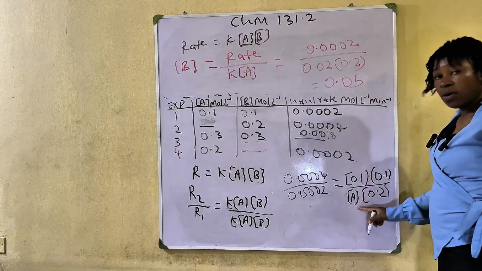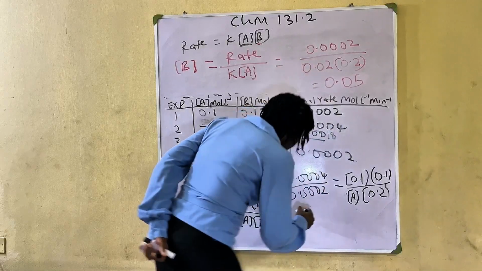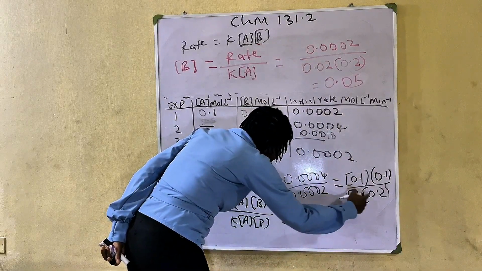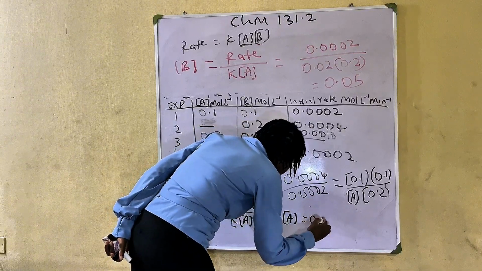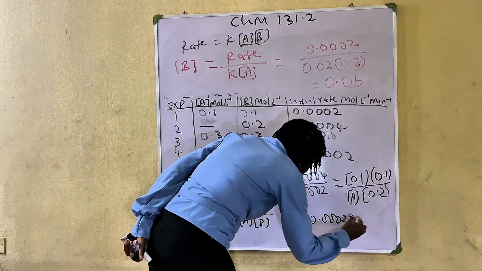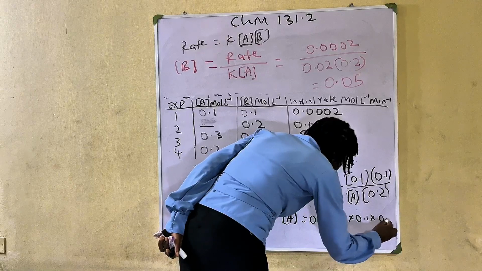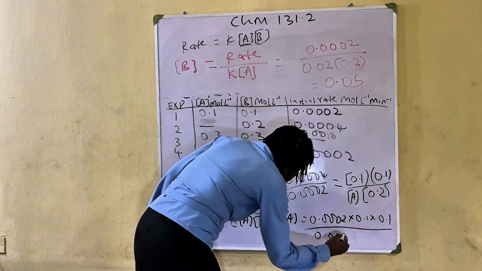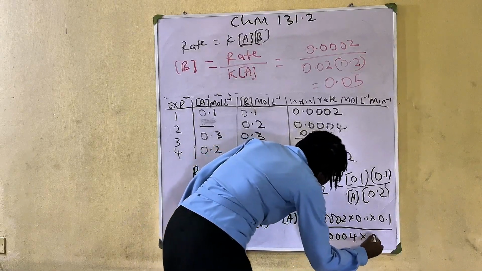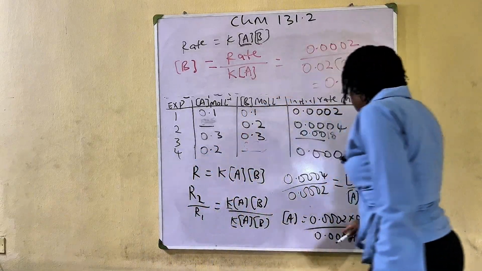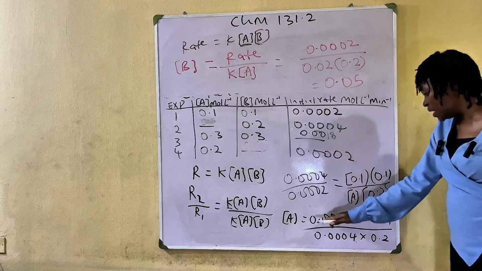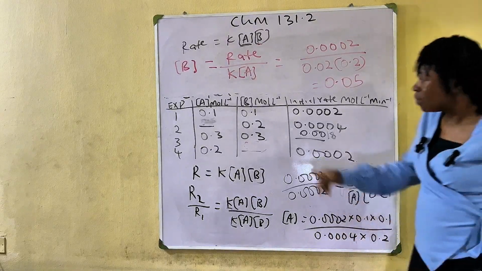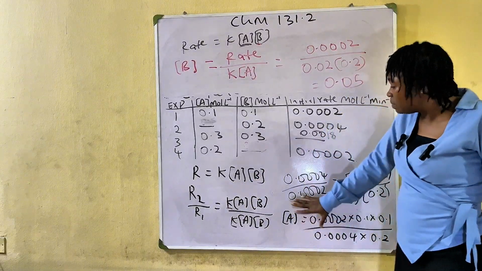I'm looking for the concentration of A, so I make a set of formulas: this times this divided by this. So 0.0002 times 0.1 times 0.1 all over 0.0004 times 0.2. When we multiply and divide by the denominator, we also get 0.1.